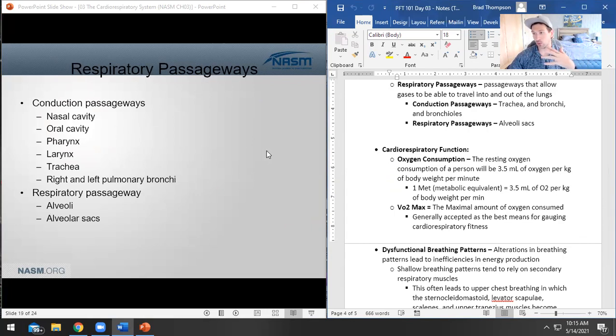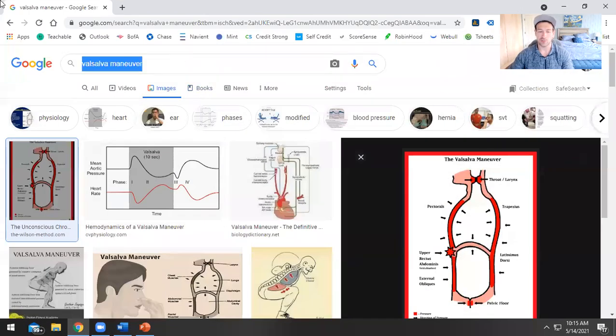Your conduction passageways are probably what you're imagining. It's your nose, your mouth, right? The tubes that connect those, like your pharynx and larynx. It's your trachea, this tube right here. And it's both branches of the trachea that branch out into what are called your bronchi.